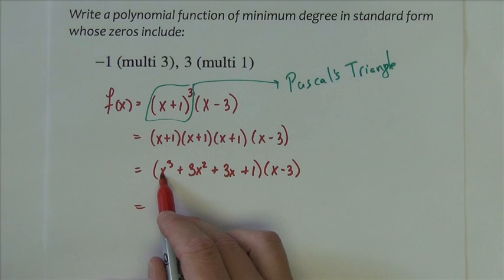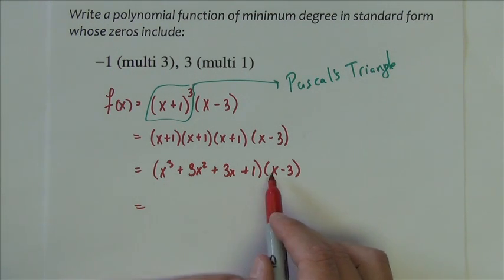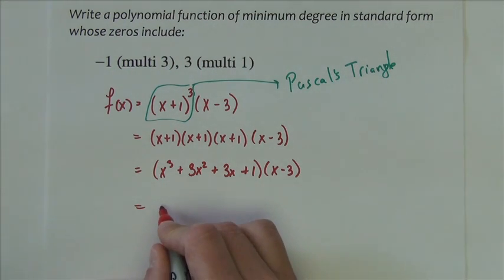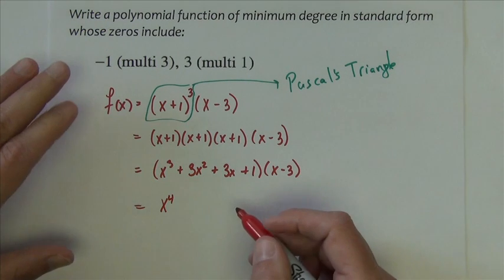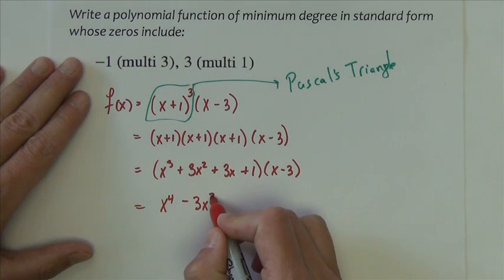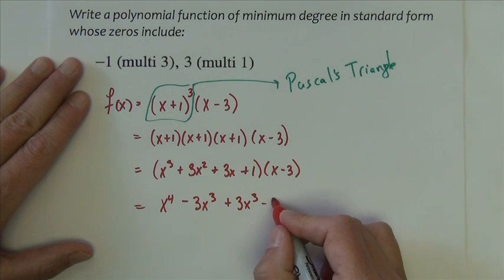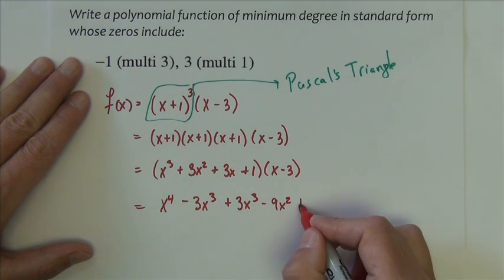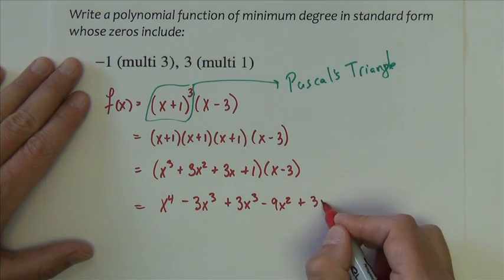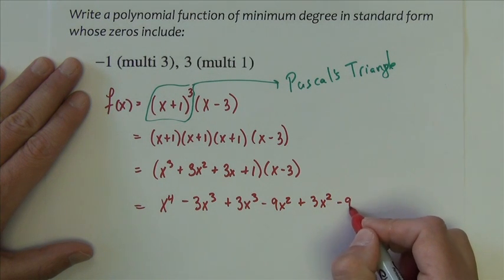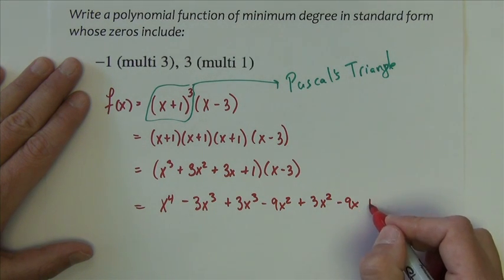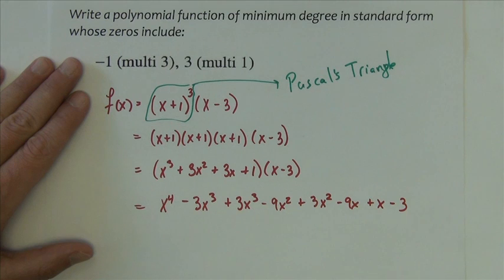So I'm going to do this one to these two, and then this one to these two, etc. So it's x to the fourth minus 3x to the third plus 3x to the third minus 9x squared plus 3x squared minus 9x plus x minus 3.